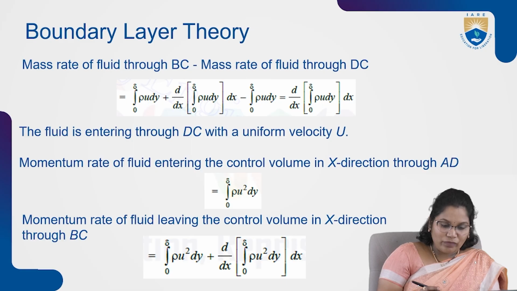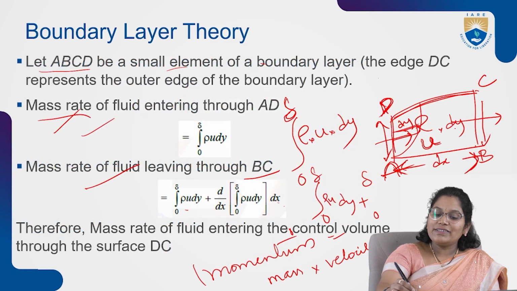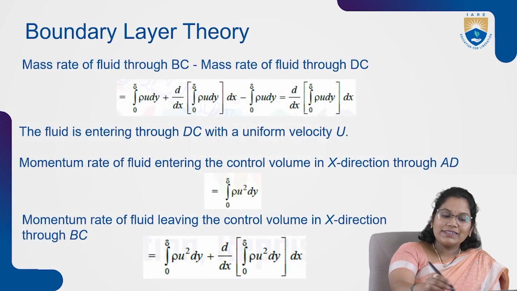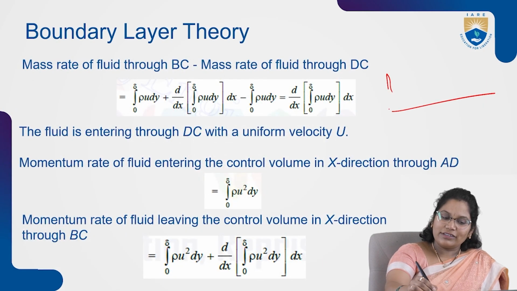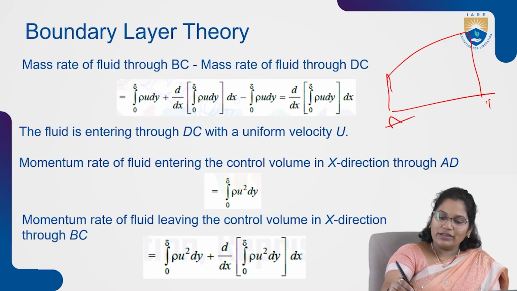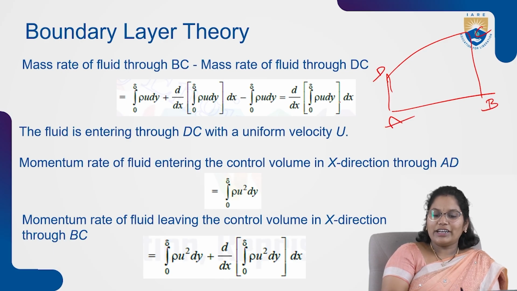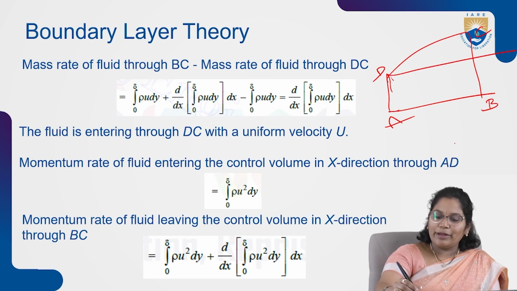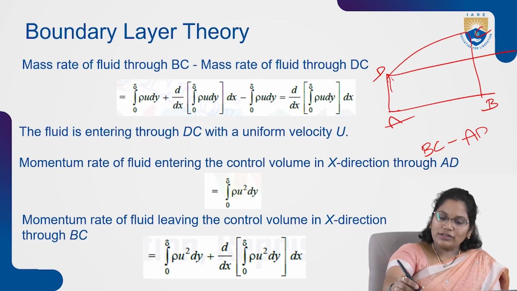So here we are subtracting BC minus DC. This is A, B, C, D. BC minus AD, we already know this.